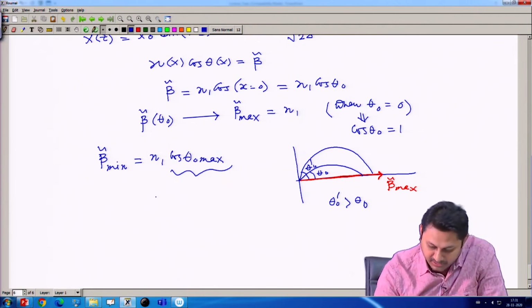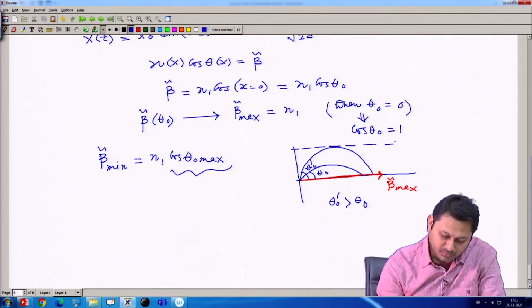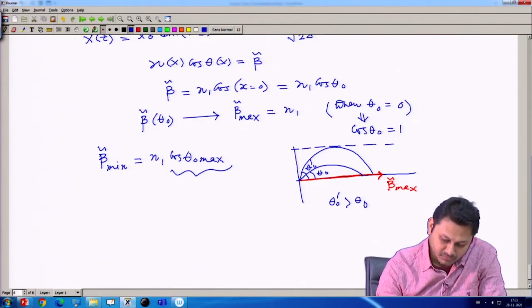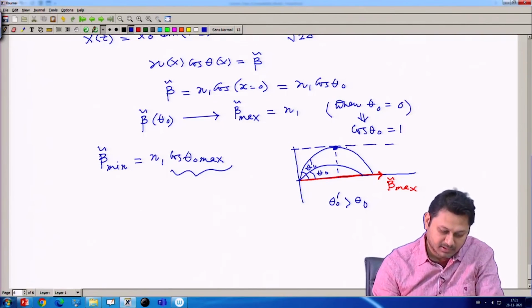If I look carefully, this is the boundary I have. So, theta 0 prime is my theta minimum here, and this is the value where theta is maximum, the point where it reaches this boundary.